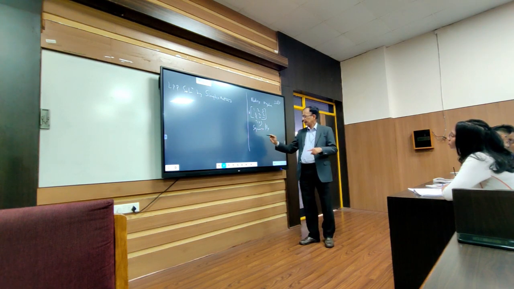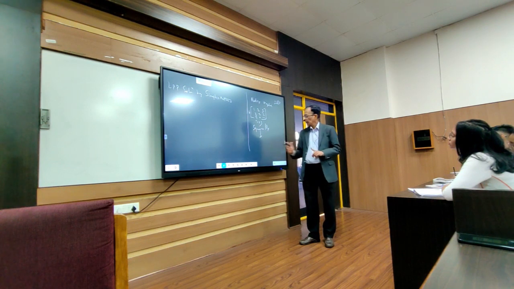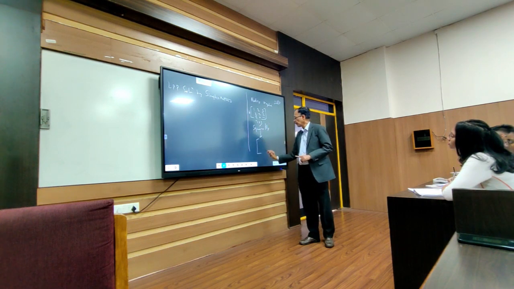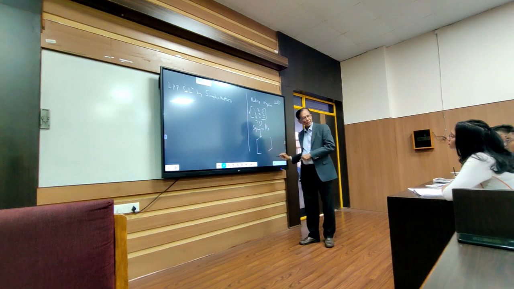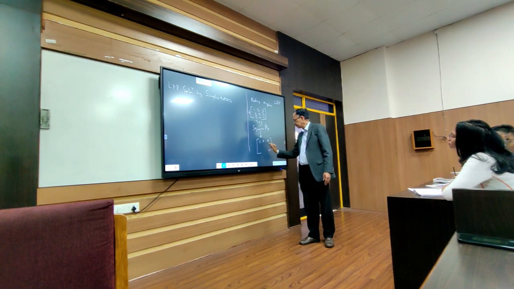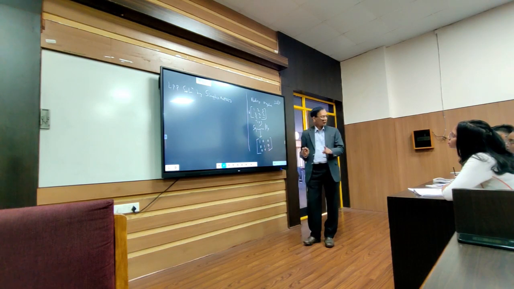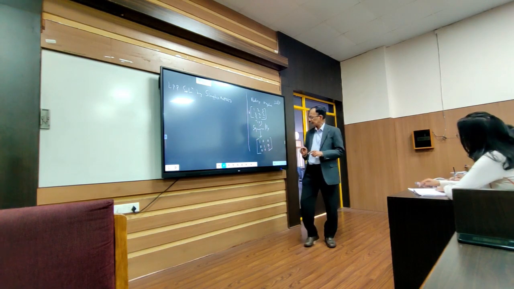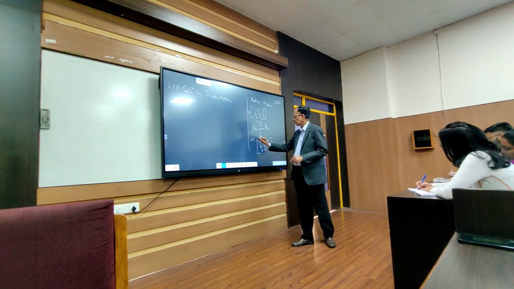Among square matrices, there is a special square matrix: if you have only 1s on the diagonal and the rest 0, it is a unit matrix or identity matrix.